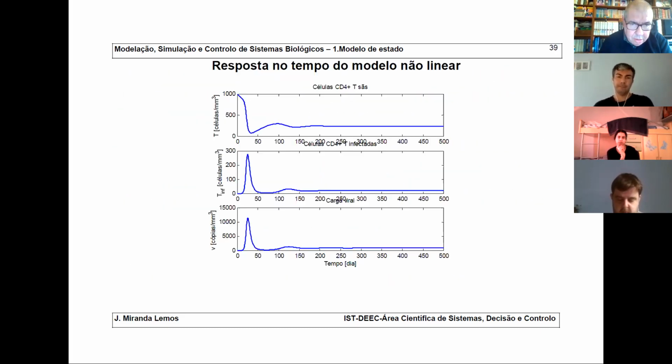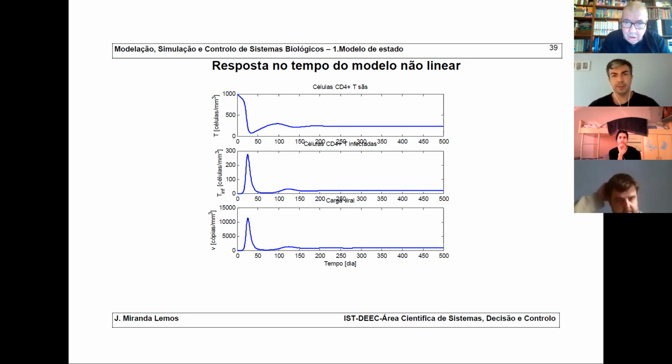Now, if you look at this plot, maybe there is something that you would like to compute. Of course, you have the response here, but there is one thing that you would like to compute: the equilibrium point.